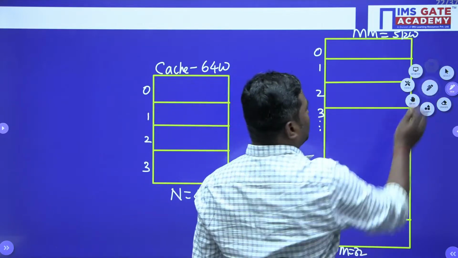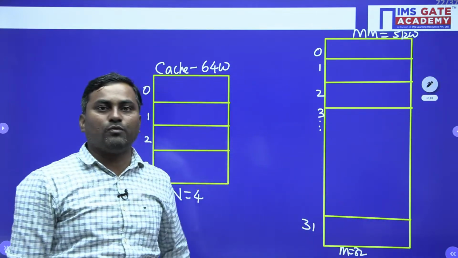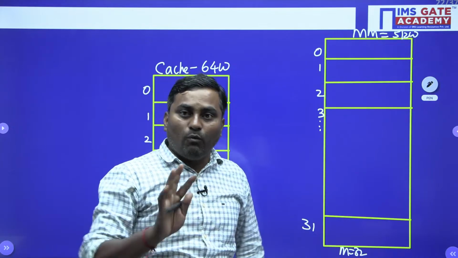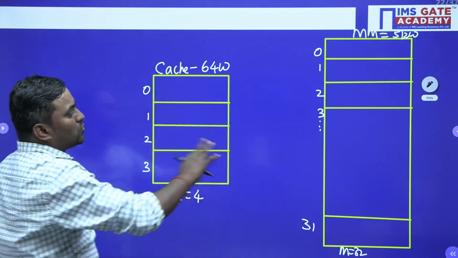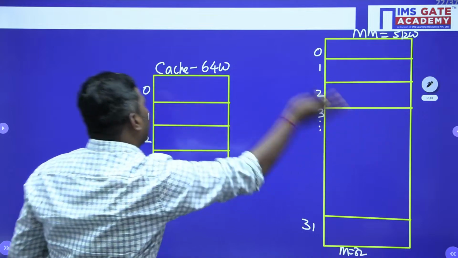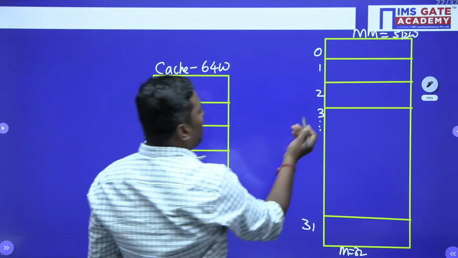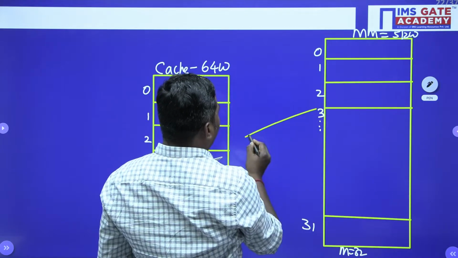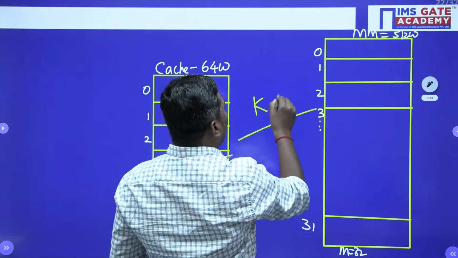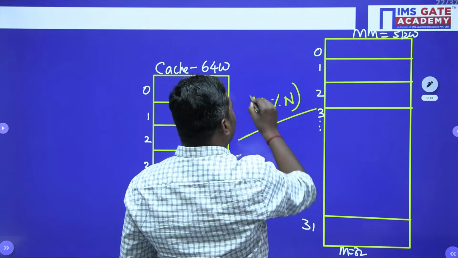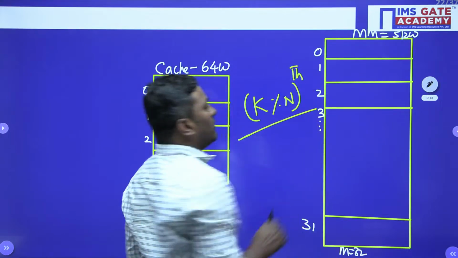Now please carefully observe, all of you, how mapping goes. You have to map from main memory to cache memory. If I use direct mapping, you have to use the function k modulo n. Understand what this says.